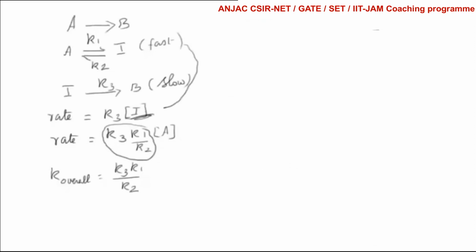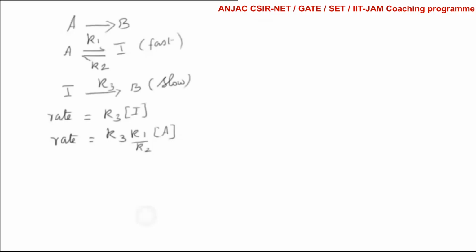K1 by K2 is the equilibrium constant, given by the concentration of the product divided by the concentration of the reactant. Therefore, the concentration of I is equal to K1 into A by K2.